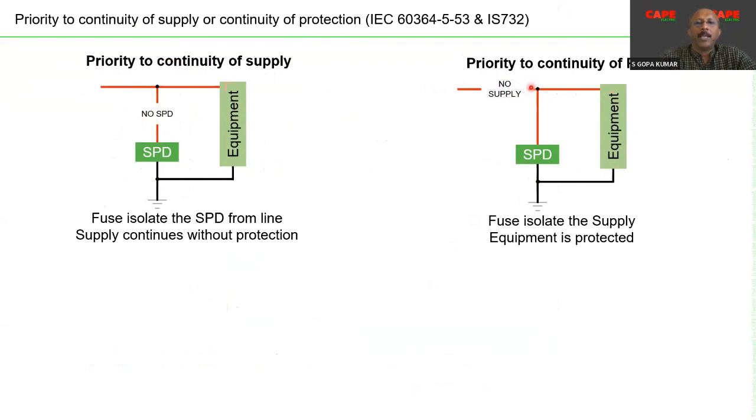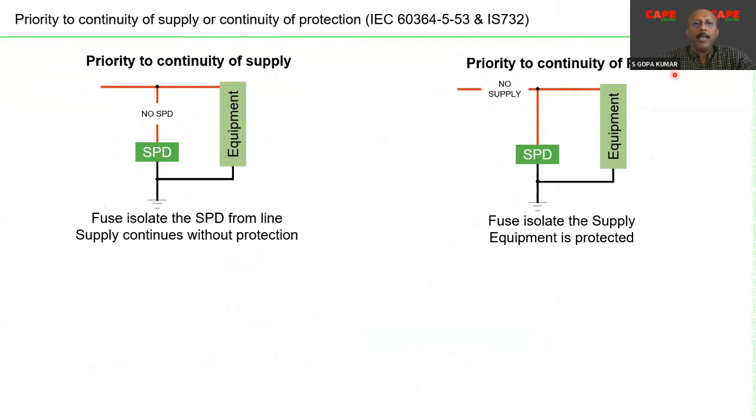Under this, we cannot find out whether it is really short or open. But a fuse is required. Under the hazardous situation, end of life, the fuse is gone. In the second case, there is no supply, but your equipment is still protected, and this is called priority to continuity of protection.